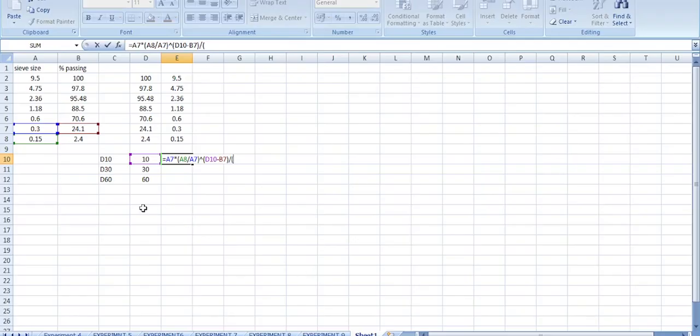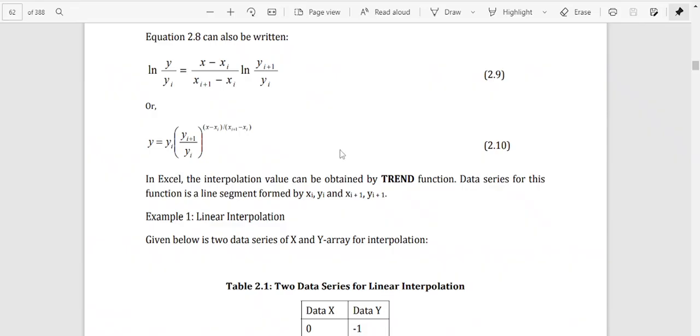So what is si plus 1? This is si plus 1, si plus 1 minus si.